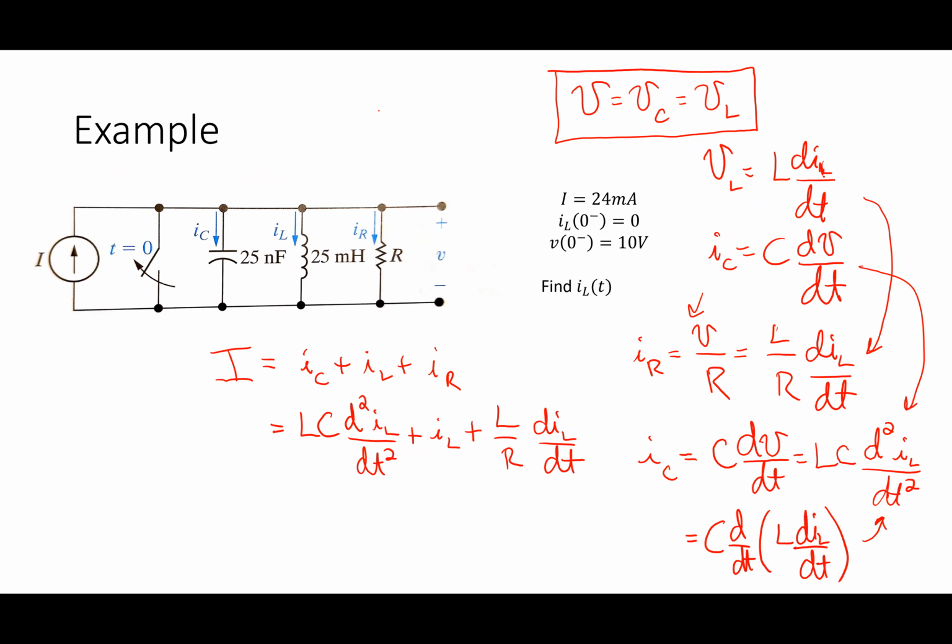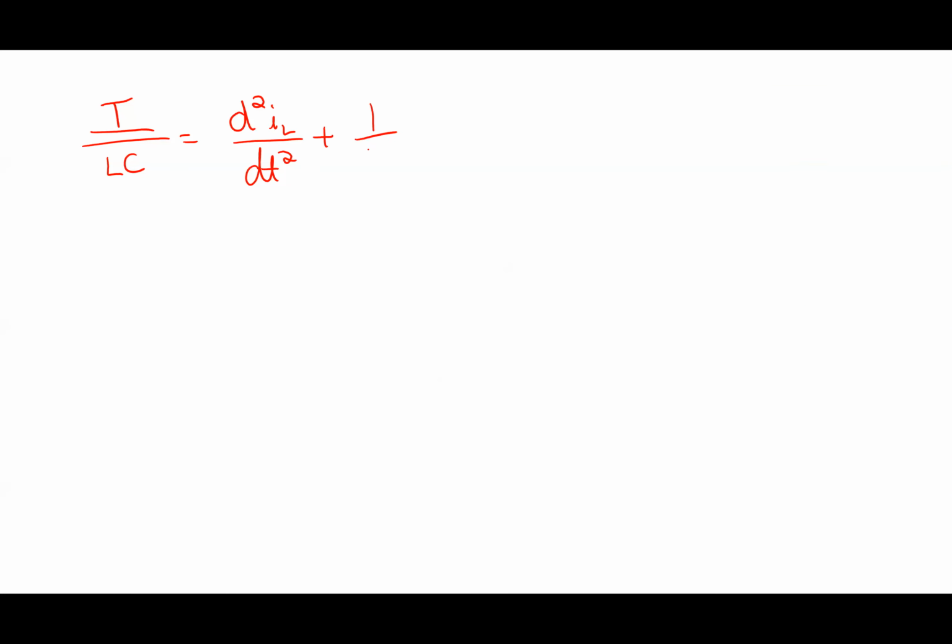So basically I'm going to say I over LC equals d squared IL by dt squared plus 1 over RC dIL by dt plus 1 over LC times IL of t.